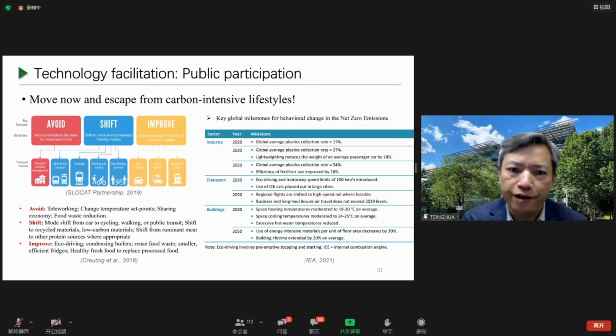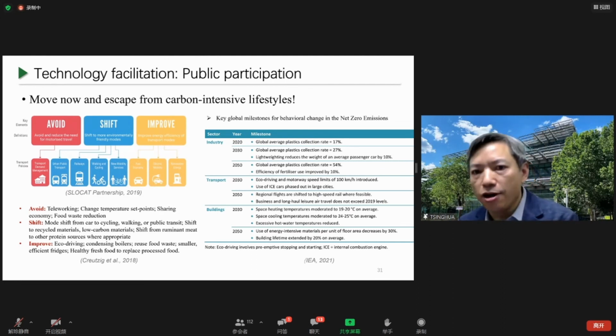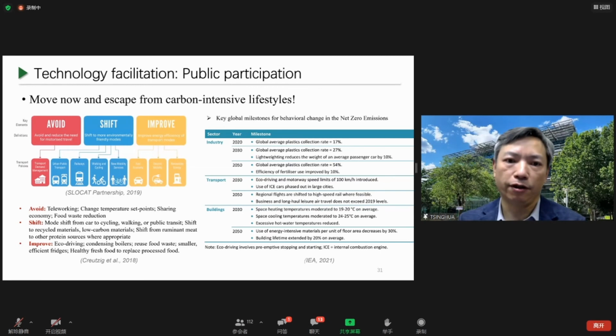Second, we can shift to more efficient technologies and services, such as switching to electric vehicles. Third, we can encourage the improvement of efficiency of existing technology by purchasing green products.